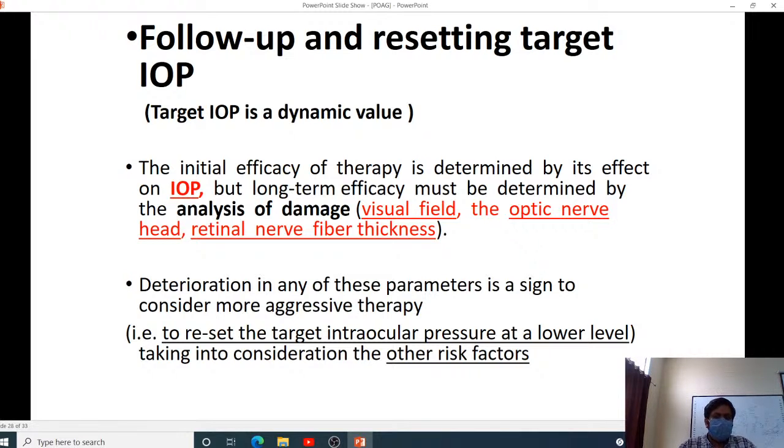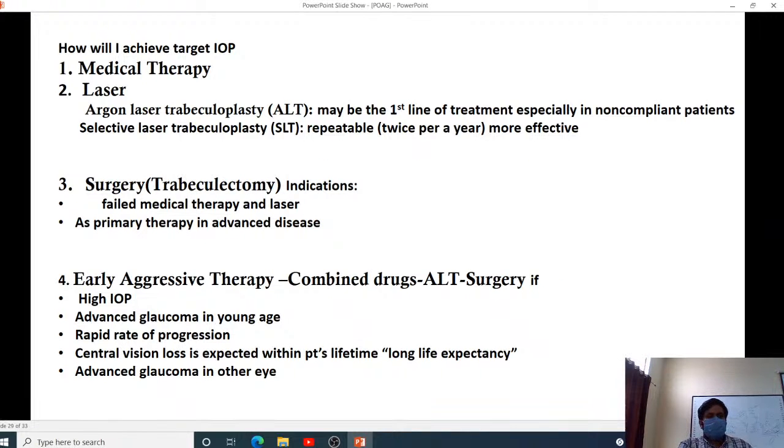If it is maintained, you have to examine the optic nerve head, whether there is increasing pallor or the cup is increasing, that you have to keep in mind. And you have to see what the changes are in the retinal nerve fiber layer thickness. So all these, once the patient comes after surgery or after starting medical therapy, you have to see.